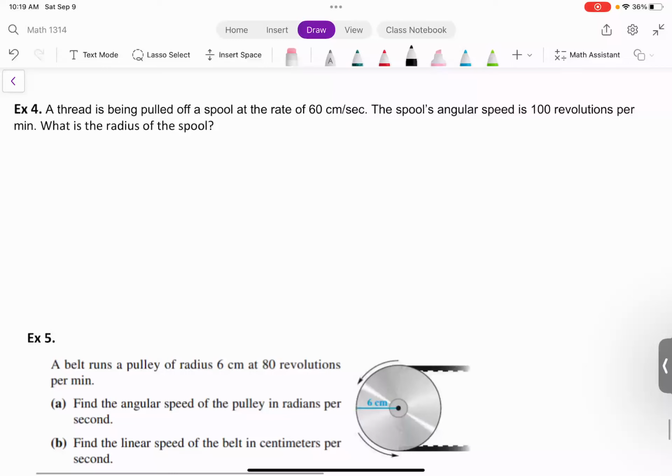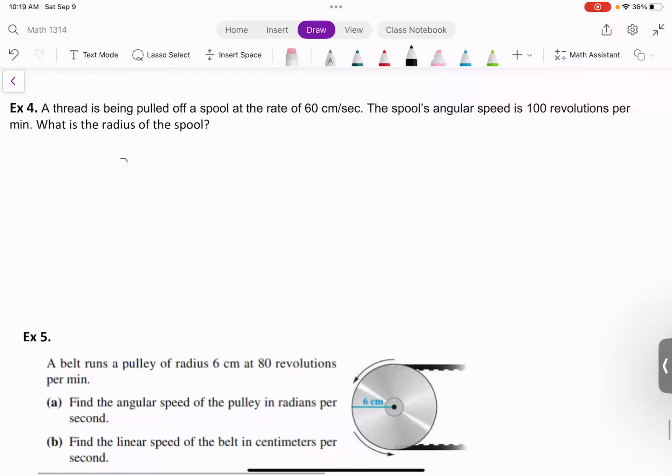A thread is being pulled off a spool at the rate 60 centimeter per second. The spool's angular speed is 100 revolutions per minute. What is the radius of the spool? If I can draw some image. For example, I'm pulling this.